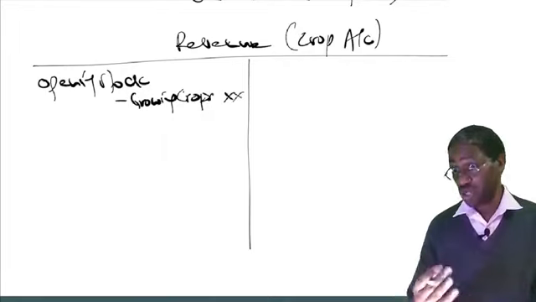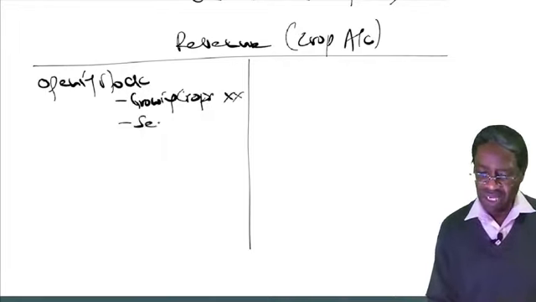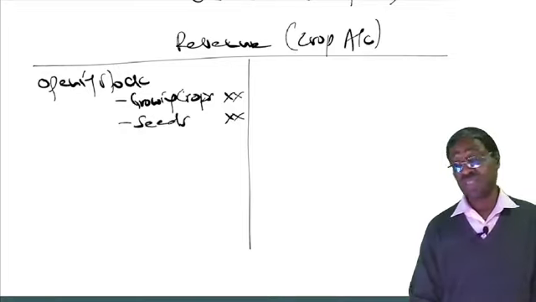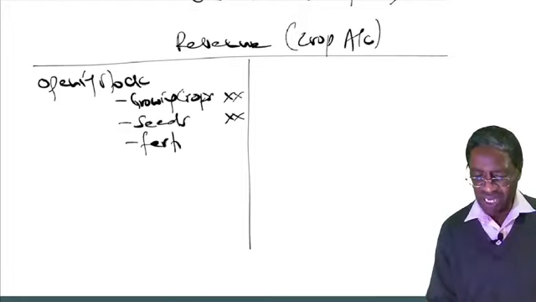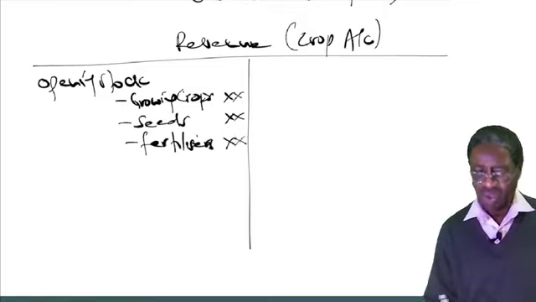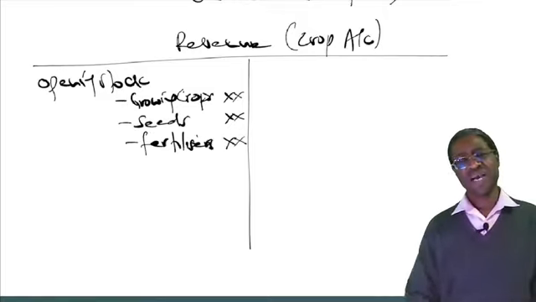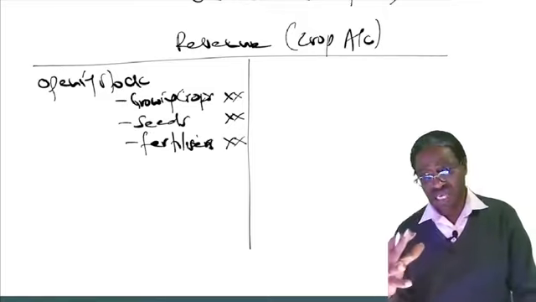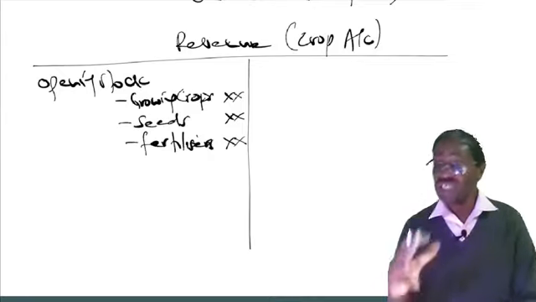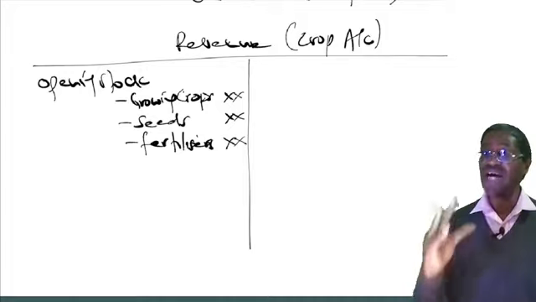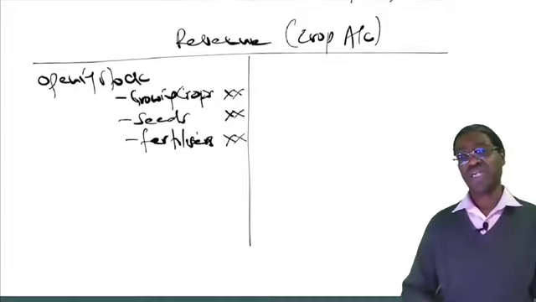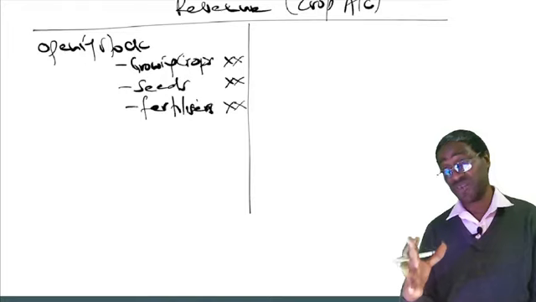That's an opening stock. Could be we had seeds, or fertilizers. Whatever relates to crop that was there by the beginning, we consider that as an opening stock. Don't write down yet. Let me first discuss how to prepare the revenue account.